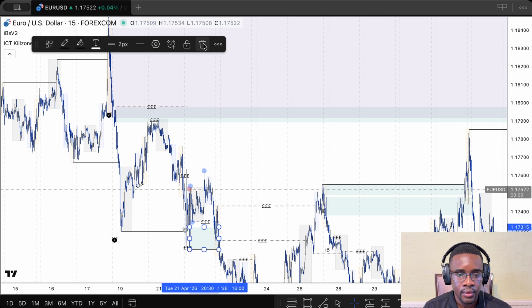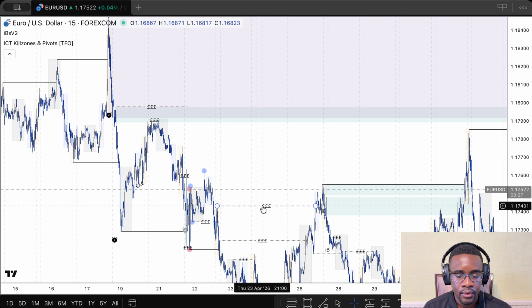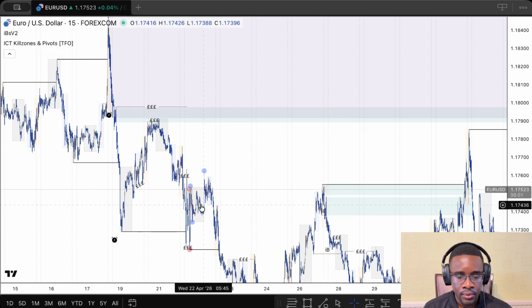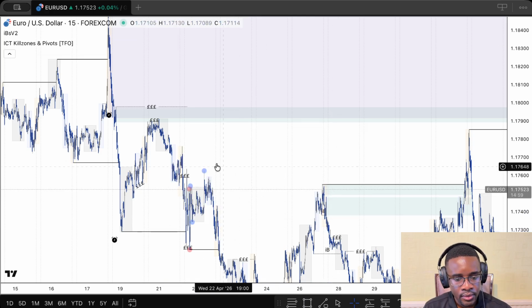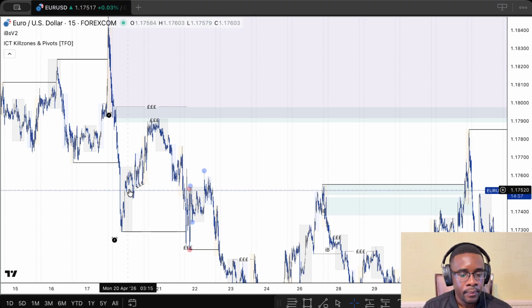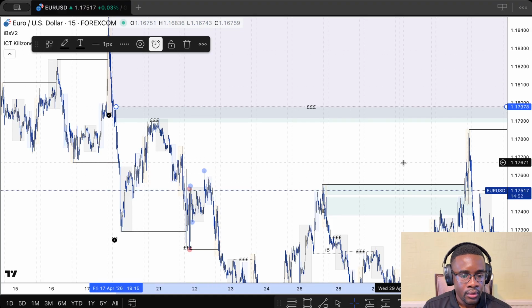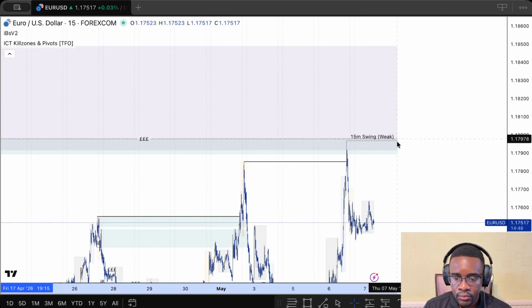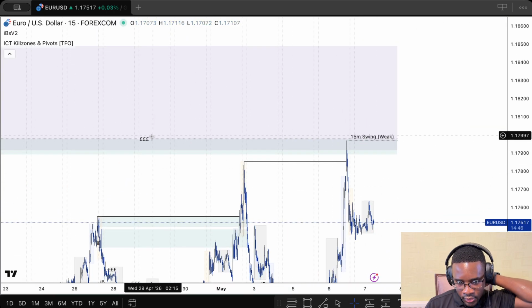Liquidity has been taken on these areas. Okay, cool. So that high is still holding.